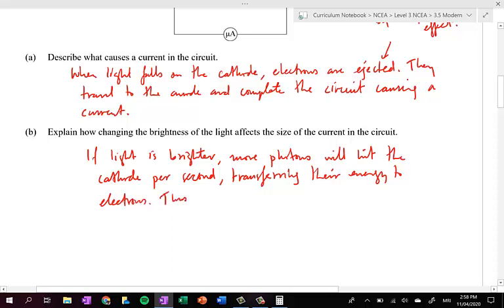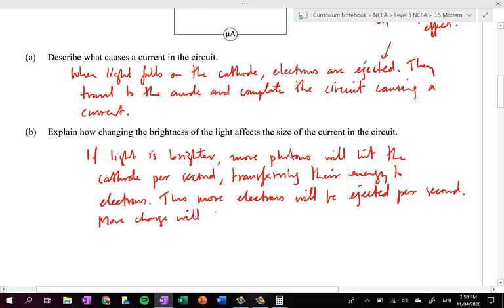Thus, more electrons will be ejected per second. More charge will flow across the gap, causing a larger current.